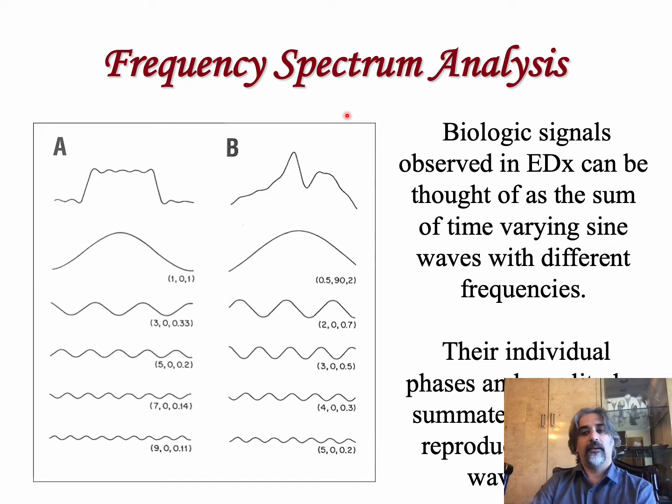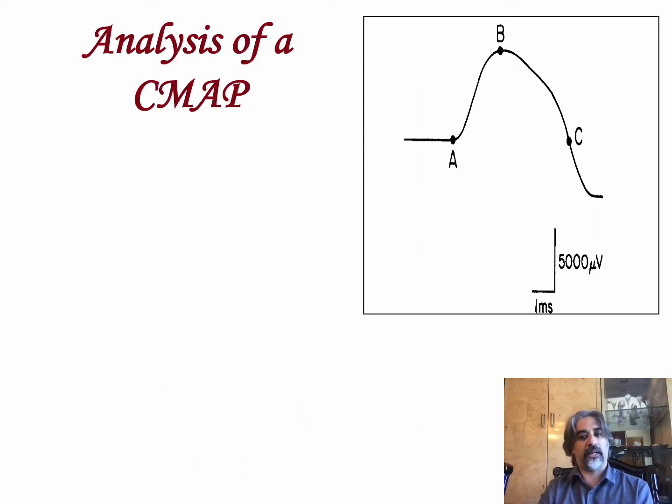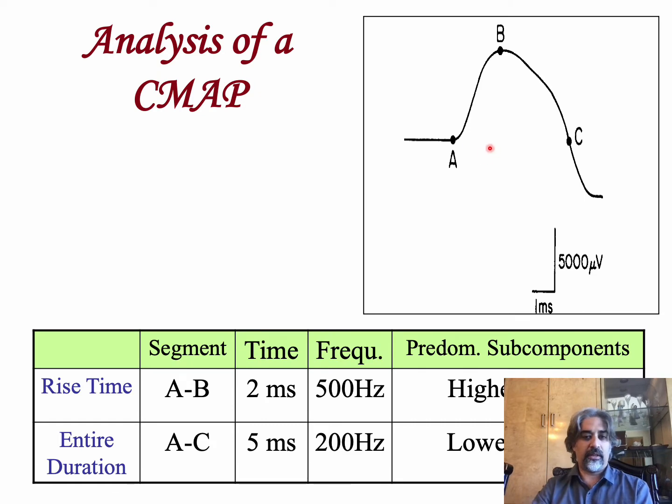So the question is, what if I remove some of these high frequency components from this waveform? What if I remove some of these low frequency components? First, let's look at a compound muscle action potential and compare its low frequency and high frequency components. We see that the rise time going from A to B is about 2 milliseconds, which correlates with a frequency of 500 hertz.